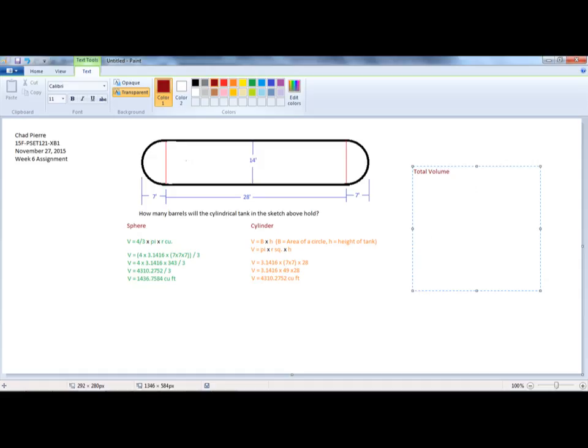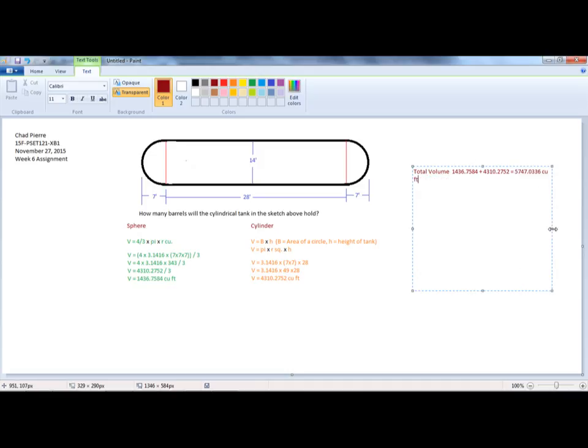We need to add these two volumes, this one and this one: 1,436.7584 plus 4,310.2752. That equals 5,747.0336 cubic feet. That is the total size of our tank in cubic feet.